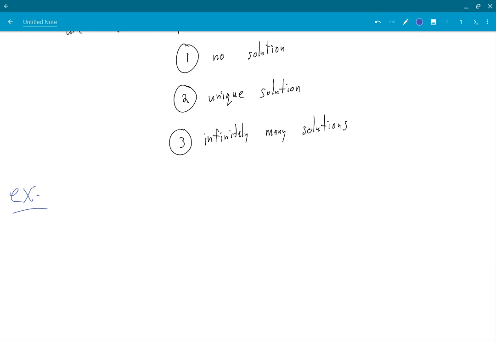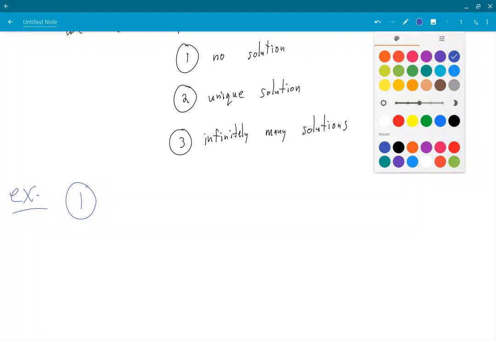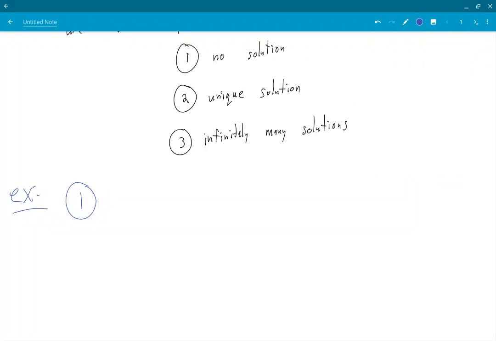Let's just say, example, for what does it look like when you have no solution? Well, something like x plus y is equal to 0, but x plus y is also equal to, say, 1. When I draw this, what do I get?